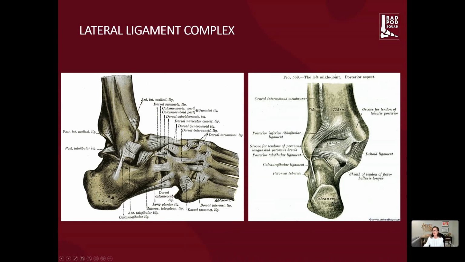Dorsally, or looking at it from the back, we can see the lateral malleolus and the tibia. What we're seeing here is a portion of your interosseous membrane, a portion of the posterior syndesmosis, the inferior tibiofibular ligament, and at the lower tip of the lateral malleolus, we can appreciate the posterior talofibular ligament and also the calcaneofibular ligament seen here.